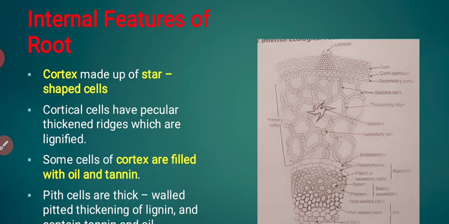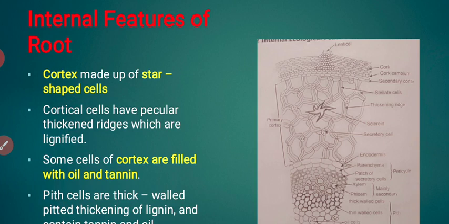The function of the cortex is that it is responsible for transportation of material as well as food storage. Then cortical cells have peculiar thick walls, which are lignified. And some cells of the cortex are filled with oil as well as tannin. The function of tannin is to protect the plants.